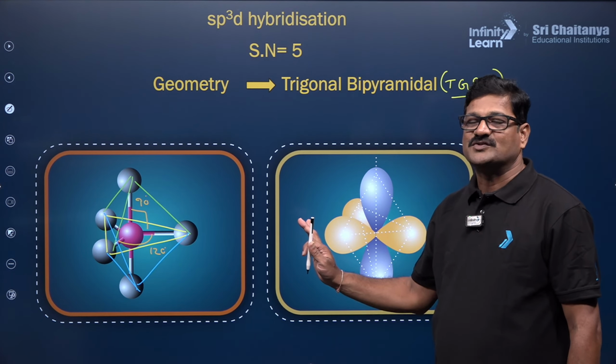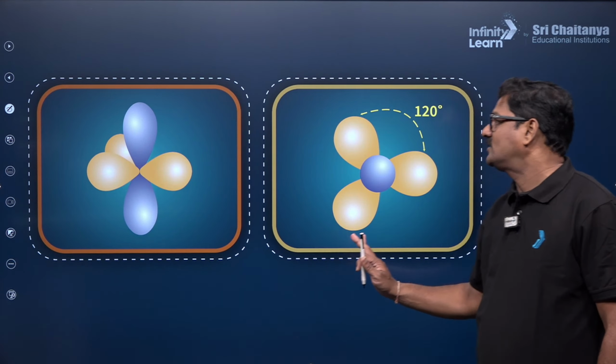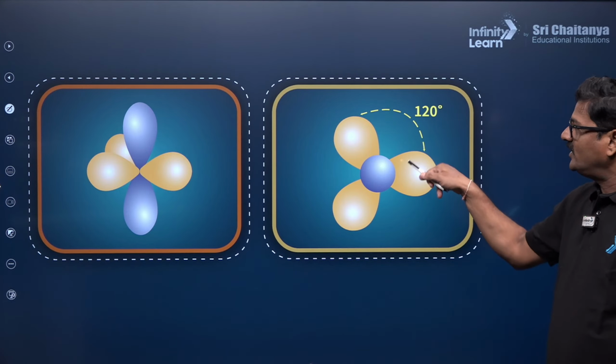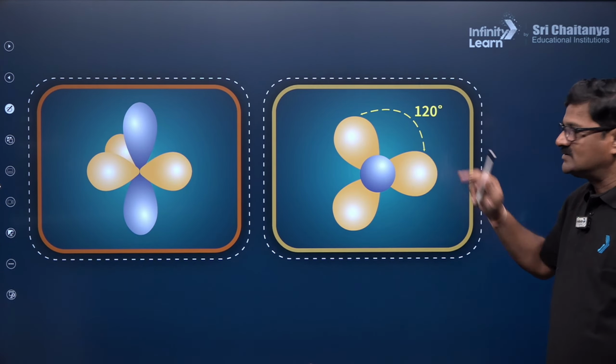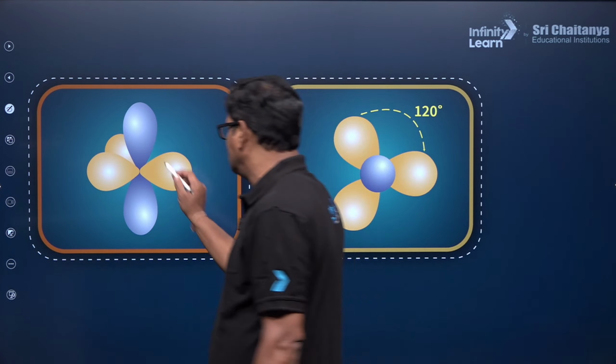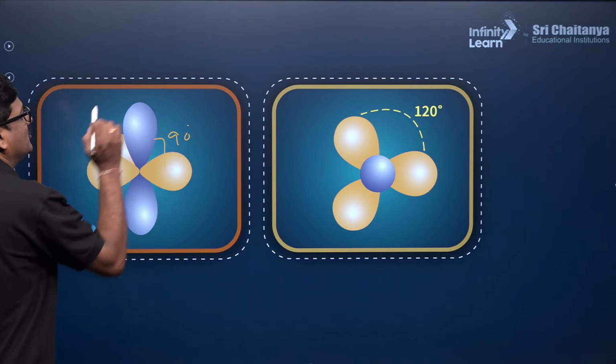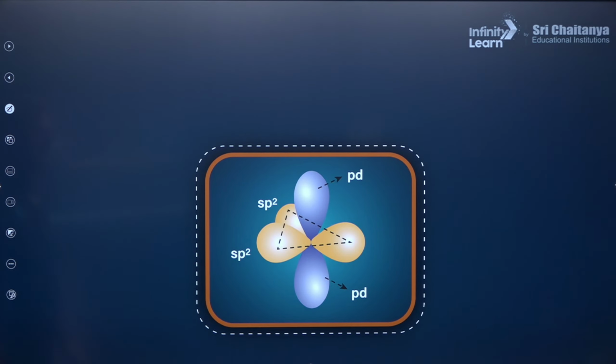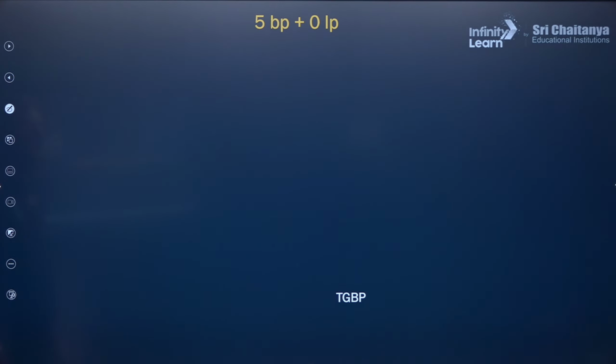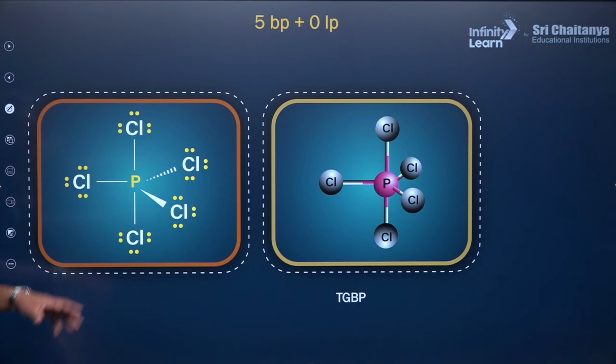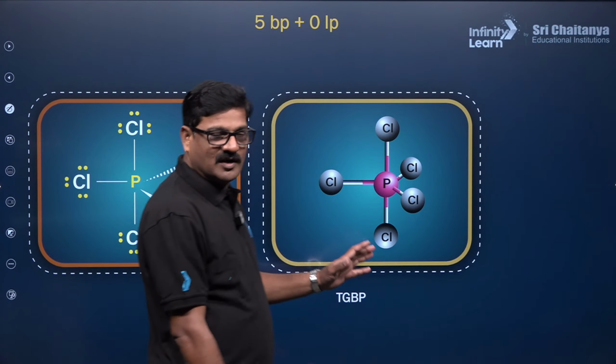The best example is going to be PCl5. It is going to be 120 between these triangles, and you're going to have the 90 over here, right? And sp3d, and you can have 5 bond pairs and 0 lone pairs.